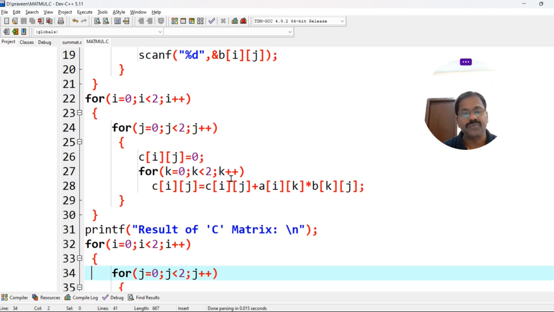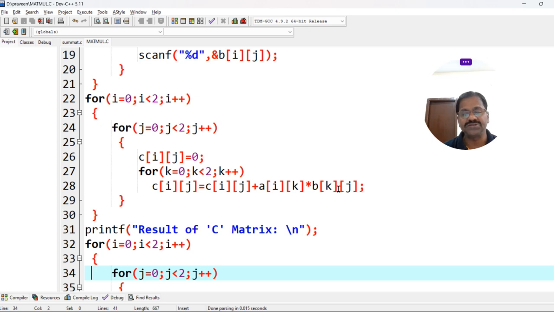Now we are going to enter in a similar way to what we have seen earlier. First 0th row, 0th column. According to that, C of ij, I initialize to 0, 0 plus A of ik into B of kj. Earlier we have seen first matrix element, second matrix element, first element, 0th row, 0th column.